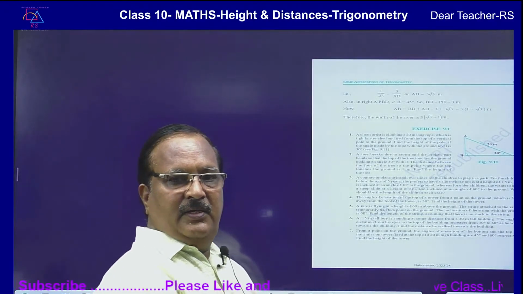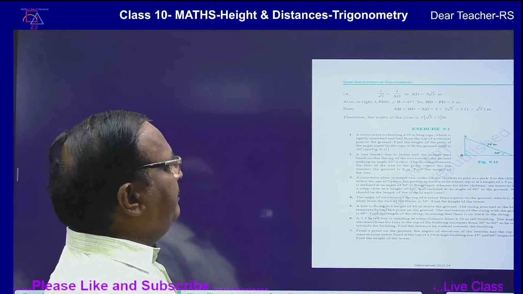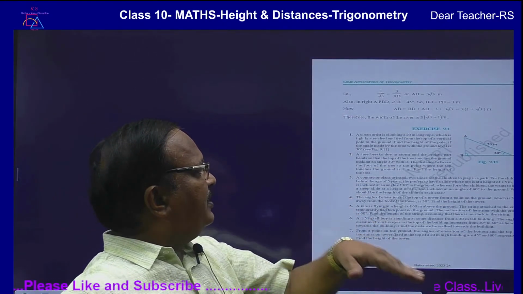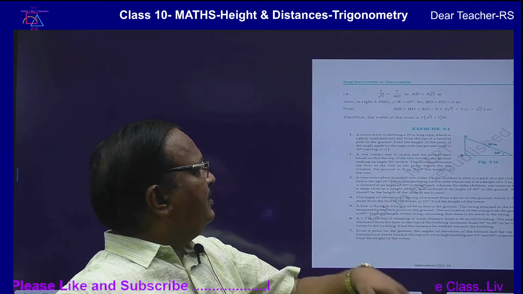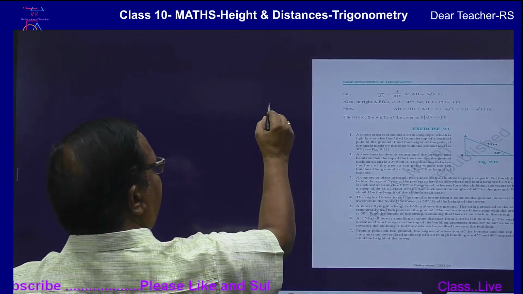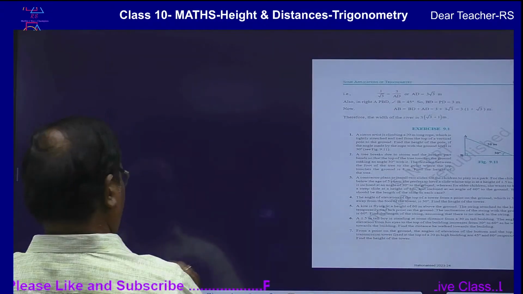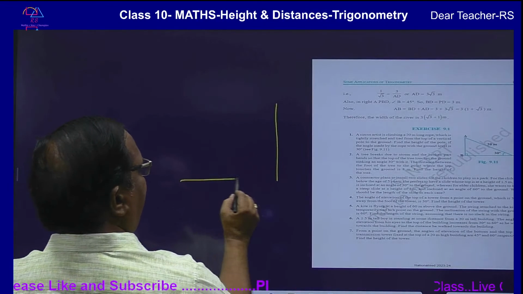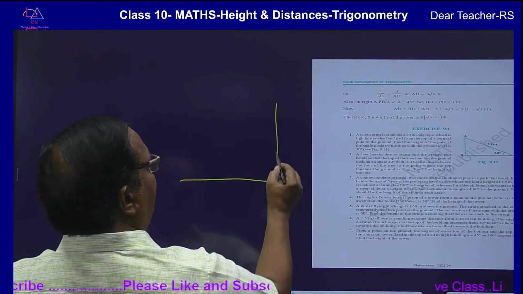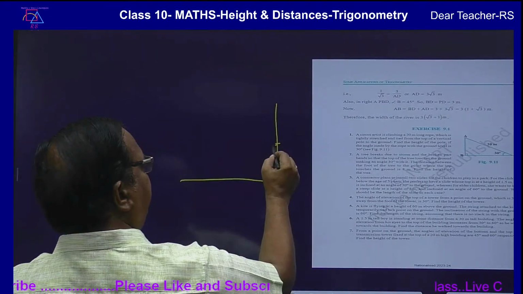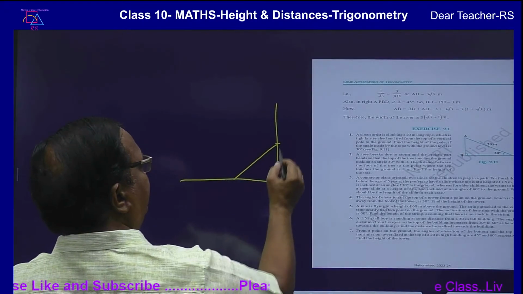Okay. So now a tree breaks due to the storm and the broken part bends and touches the ground. Let us say this is the tree. Okay. Now this is the ground. Now it is broken at this part and this upper part came like this and touches the ground.